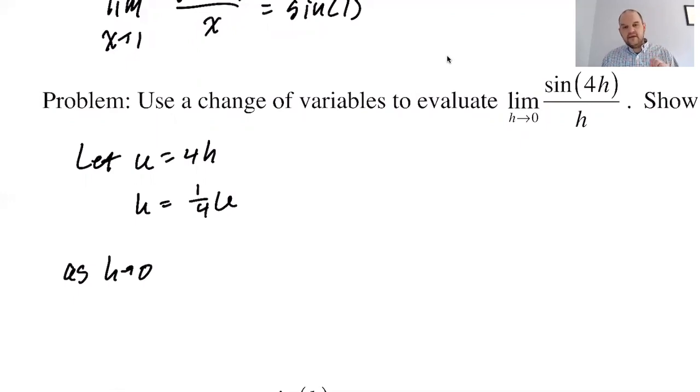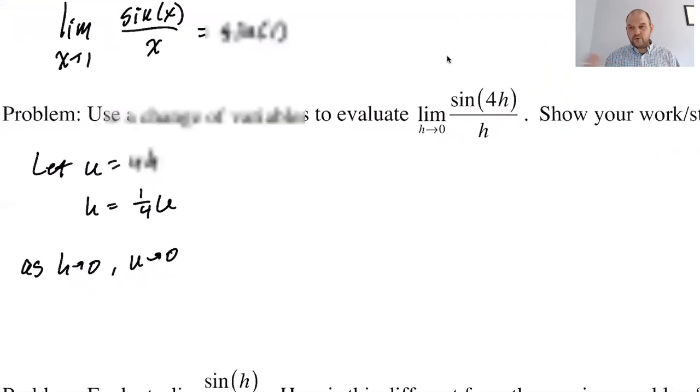Well, if h is approaching 0 and h is equal to 1/4 u, and h equals 1/4 u is actually a continuous function. Like it feels weird to say that, but it is. So if h is approaching 0, u is also approaching 0. You get the logical value of u when h approaches 0. So I'm going to say u also approaches 0, or 1/4 of 0 if you prefer. But why would you prefer that?